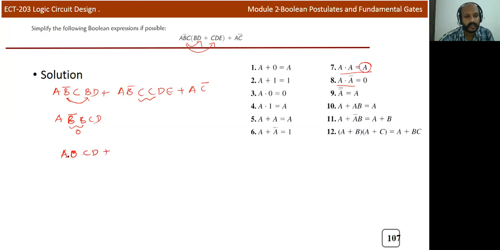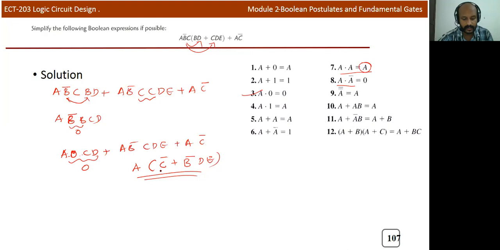Okay, so 0 operation, then a b bar c d e plus a c bar. So this term is completely 0. If you perform AND operation with 0, the entire result is 0. And finally if you take a as a common, it becomes c bar plus b bar d e. Okay, so this is the final simplified expression.